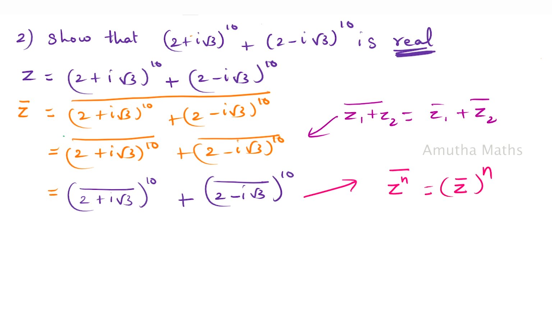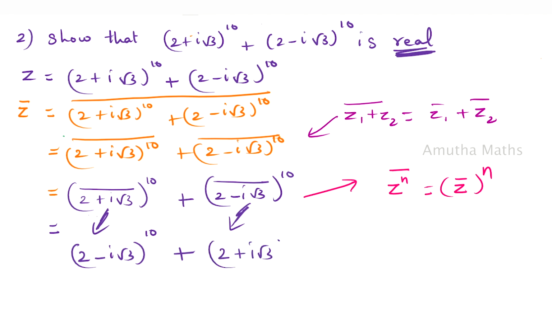So using that we have written this. Now what is the conjugate of this one? 2 minus I root 3 the whole power 10, plus, what is the conjugate of this one? 2 plus I root 3 the whole power 10.